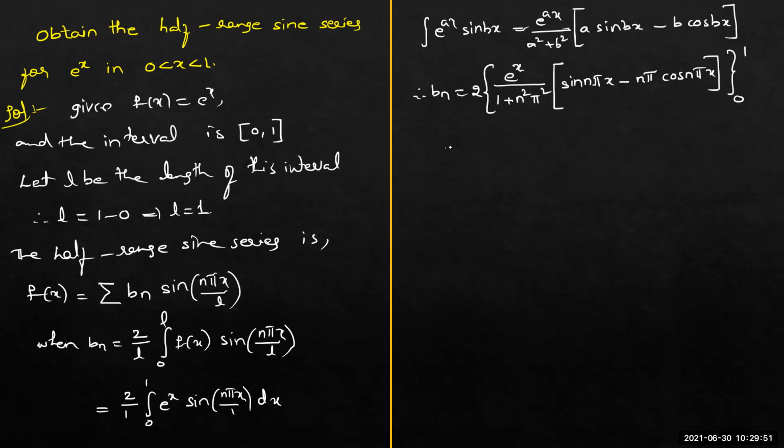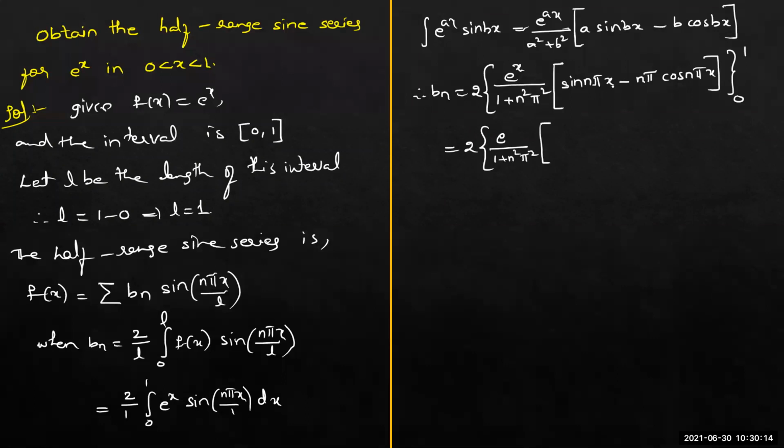Now let us substitute the limits and see how much you'll get. 2 times, first of all I'm substituting the upper limit, x is equal to 1. Even in this exponential function we should substitute, so it is e to the power of 1, which is e, divided by 1 plus n square pi square into, see how much you'll get.